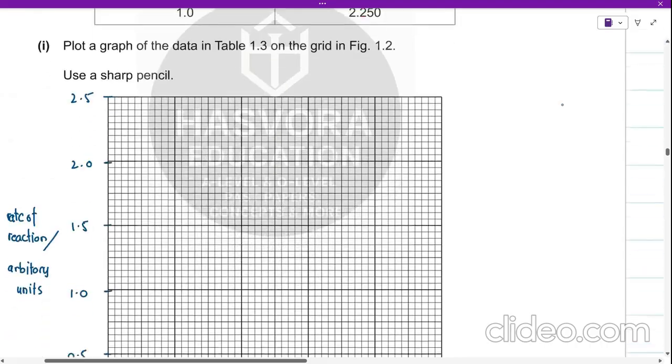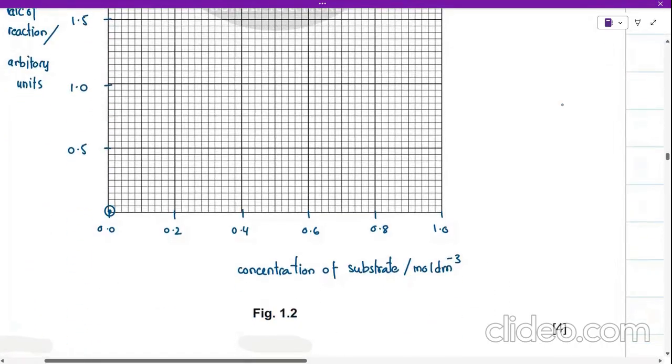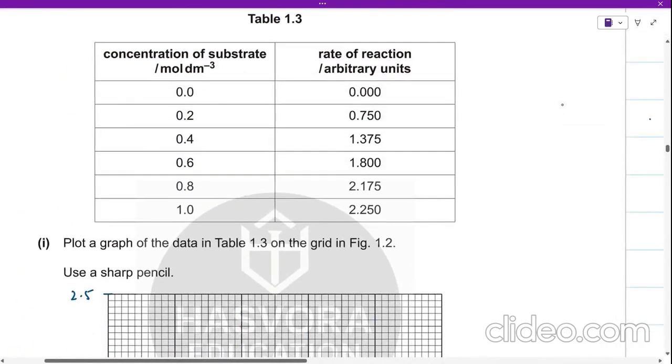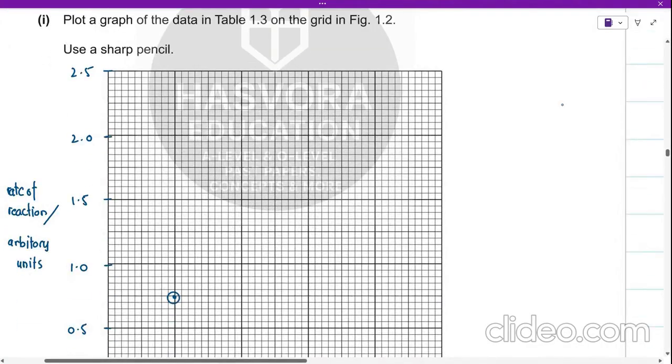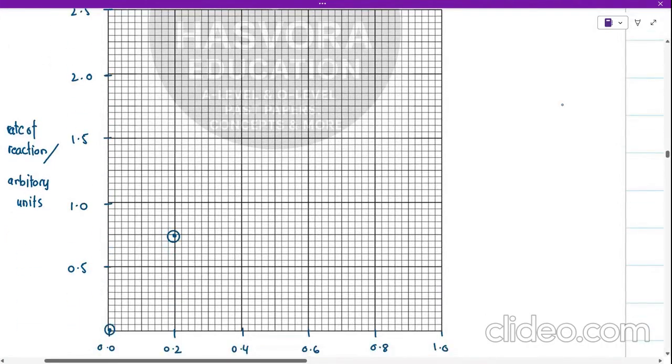Now 0.2 and 0.750. This is 0.2, and now let's see where this 0.75 occurs. 0.75 occurs midway between 1 and 0.5. So this is going to be the second point. Now the other point is 0.4 and 1.375. So 1.5 plus 1 divided by 2 is 1.25.